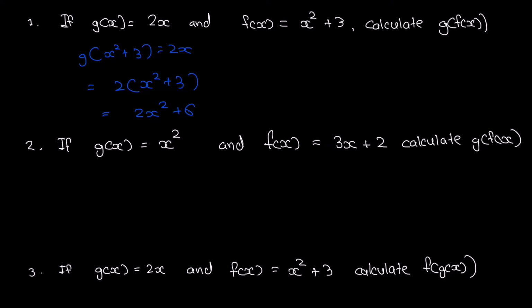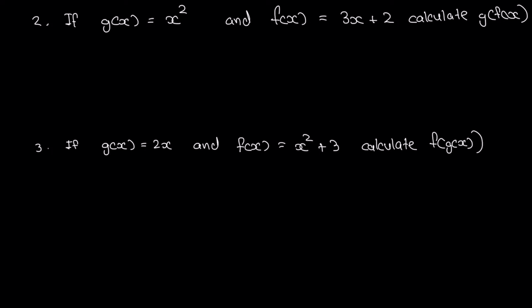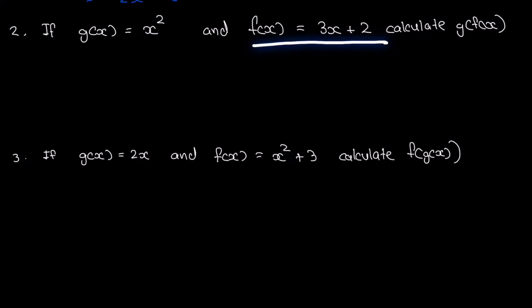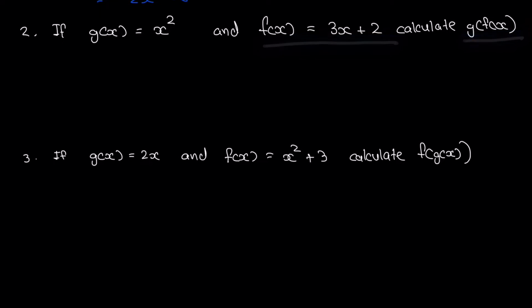Next question: if g of x is equal to x squared and f of x is equal to 3x plus 2, it wants us to calculate g of f of x. So we put g on the outside again, and we put this f of x value, 3x plus 2, into the brackets. Then we equate it to x squared, which is the original g value.